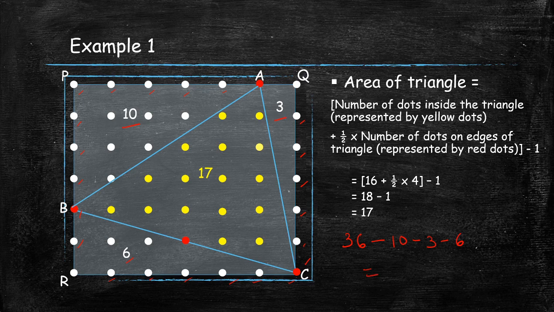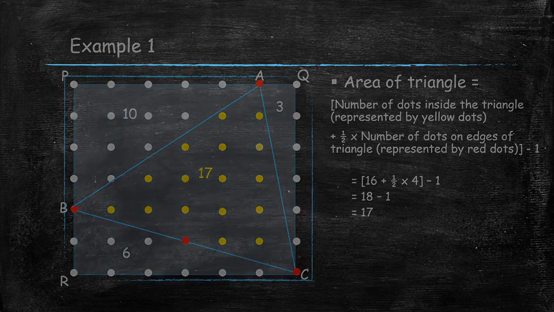We get the answer as 17. So area of triangle ABC is 17 unit square. So it is verified that this method can be used to find the area of a triangle.